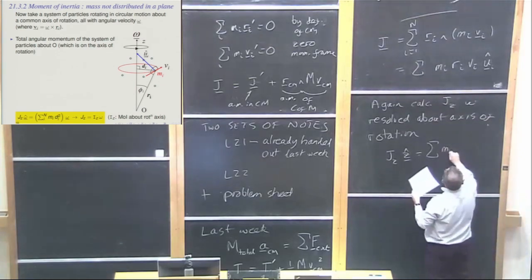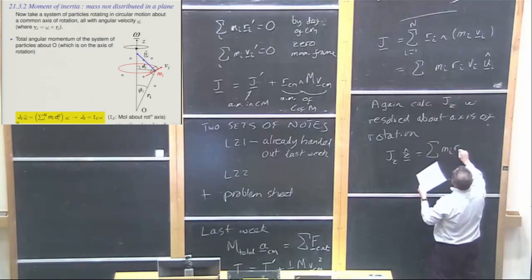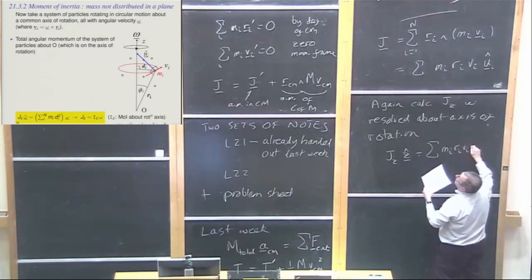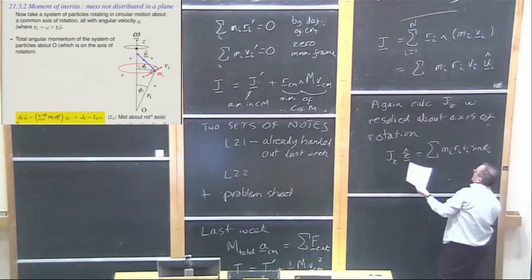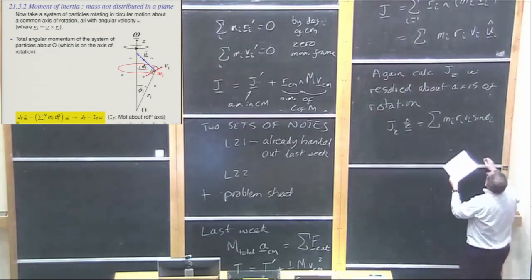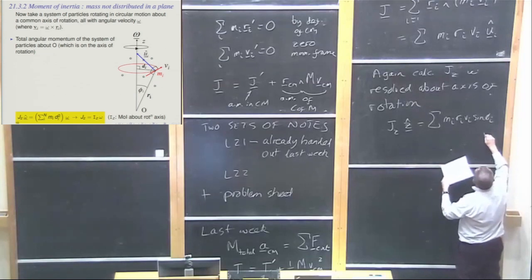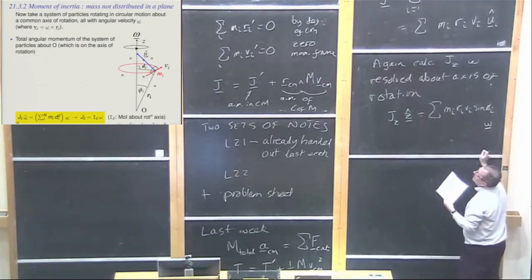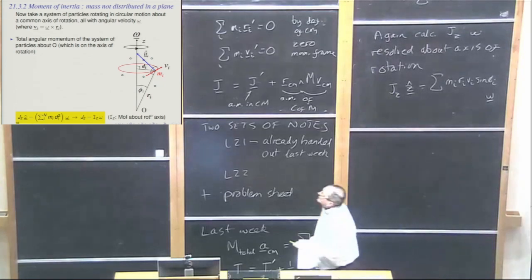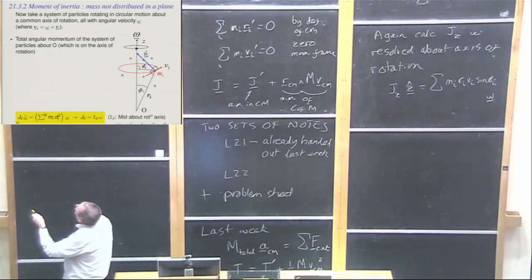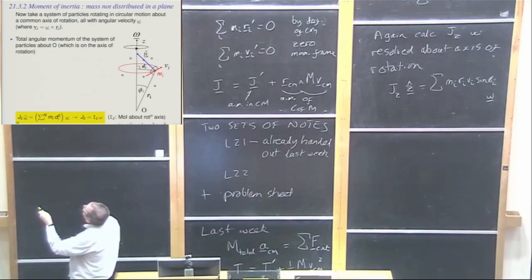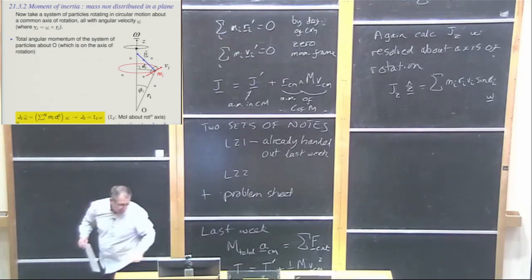So Mi Ri Vi sine phi i. And then this is in the z direction, where we multiply by omega hat, and I can write omega as a vector because omega is pointing in the z direction. So the sine phi comes from resolving this along this axis. So since phi is defined here, then this is phi. So resolving along this axis gives us a sine.